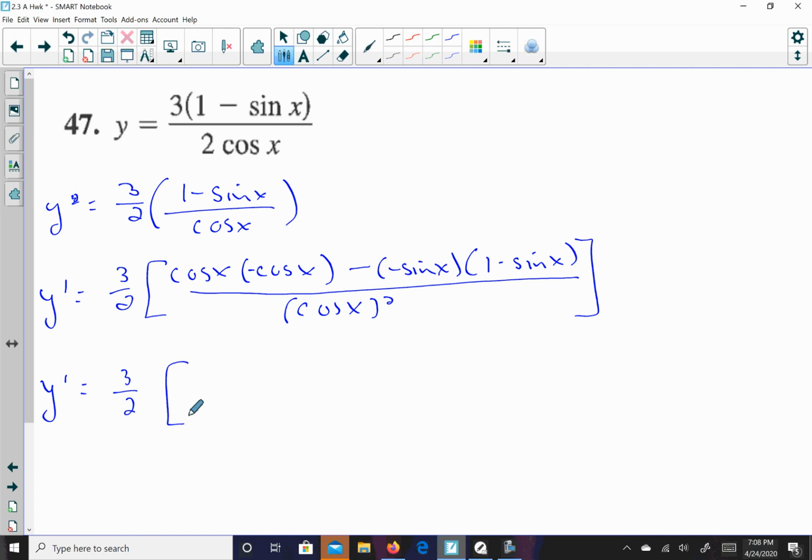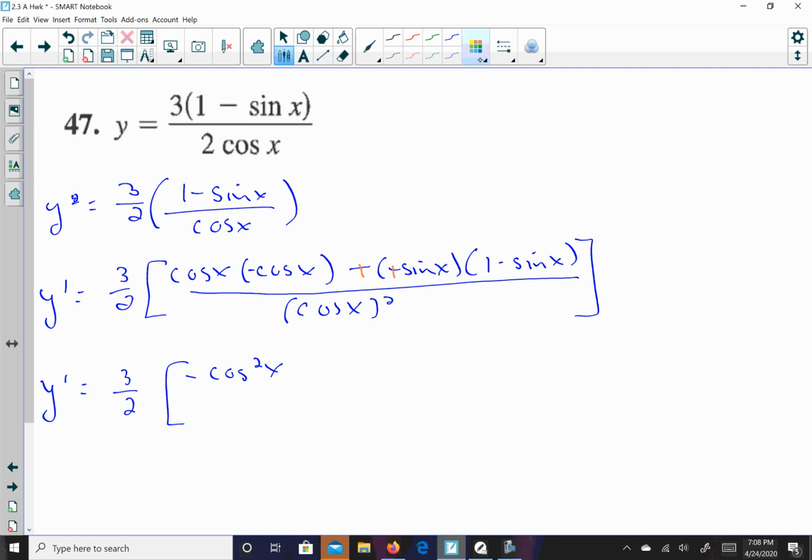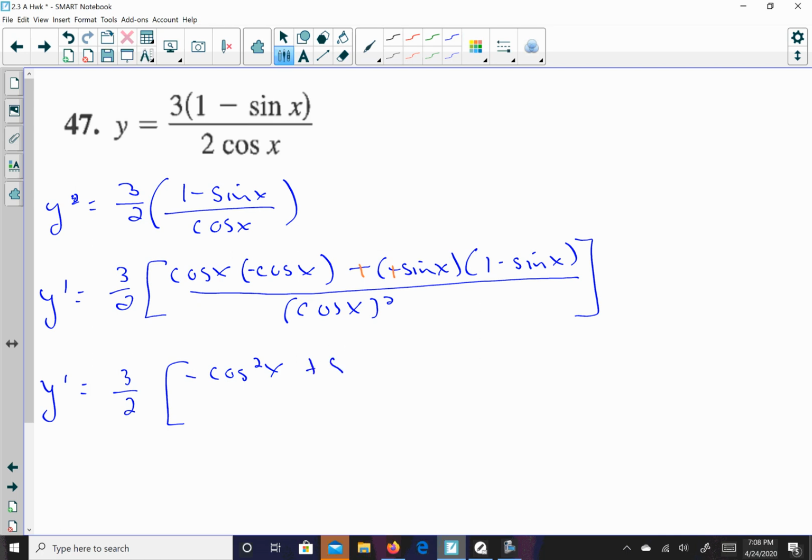Cosine times cosine will be negative cosine squared x. And then negative times a negative will make that a positive. So I'm just going to distribute a positive sine x. So this will be plus sine x minus sine squared x. And this is all over cosine squared x.